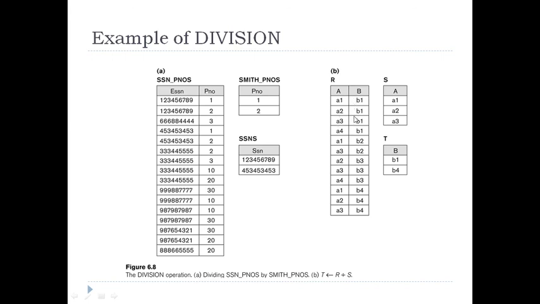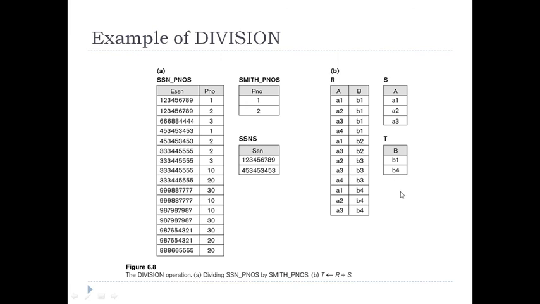That means B1 is added to the result. Then B2. B2 with A1 is there, A3 is there, but B2 is not appearing with A2. Now B3, A2 and A3 and A4, but A1 is not there. Then B4 appears with A1, A2 and A3. So in the result I'll get B1 and B4.